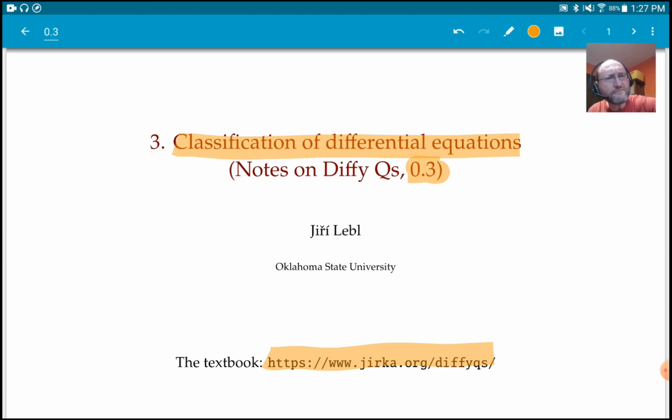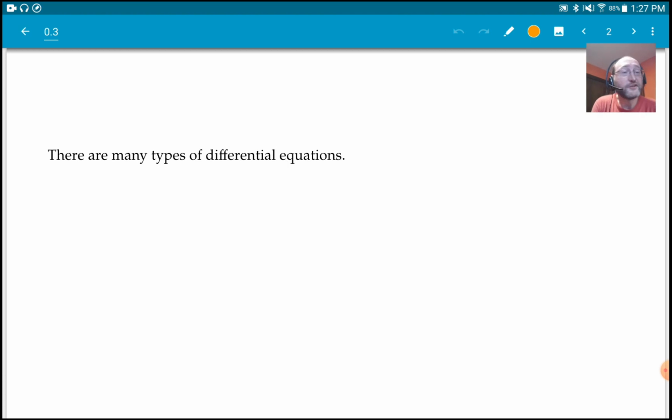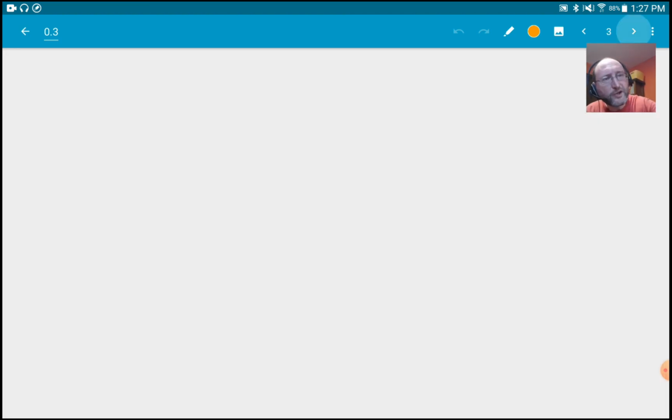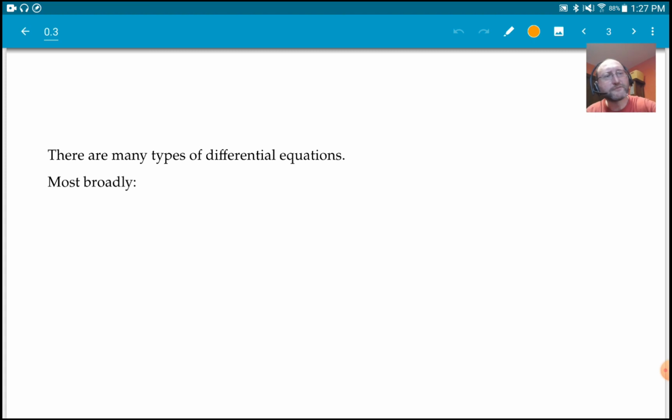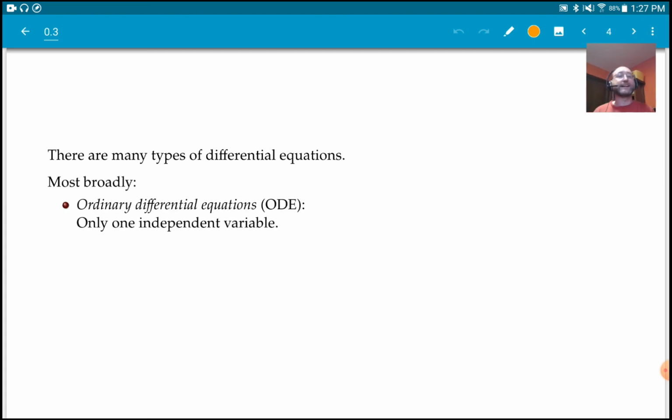All right, so let's look at classification of differential equations. There are many types of differential equations. It's a very wide field, but most broadly, there are two main ways that we divide differential equations.